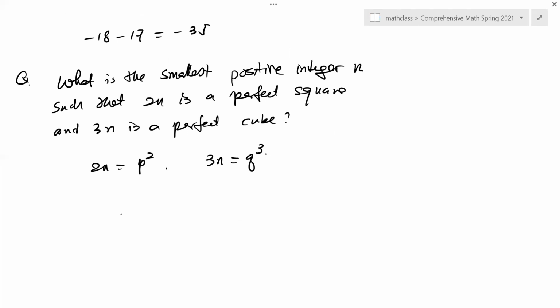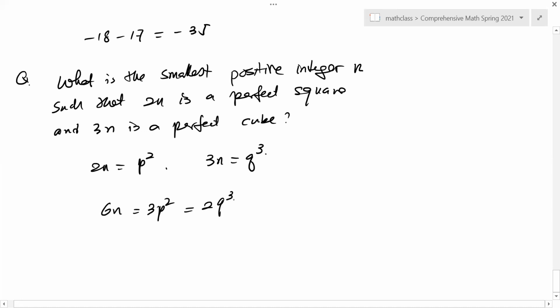So we know that 6n is going to be 3p squared, and that'll be 2q cubed. Yeah, this is the identity you have to use. How do you compare them? The only thing in common is n.